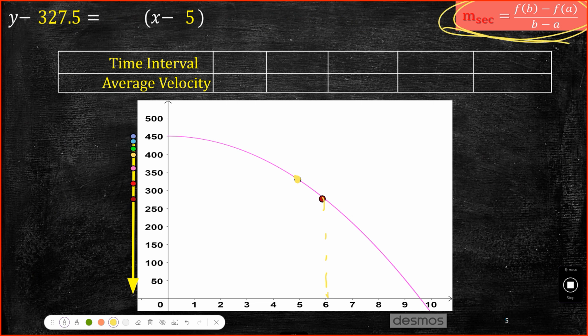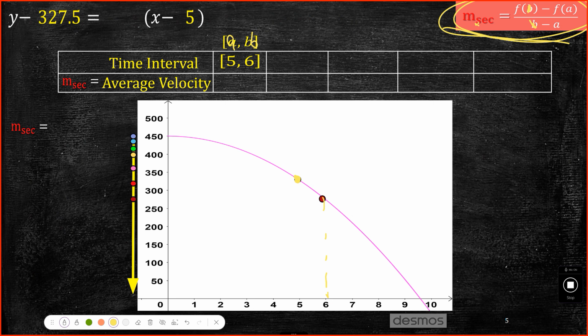A will always be 5, and B is the one that's going to be closer and closer to it. So let's do A is 5 and B is 6. We're just using this m secant and doing exactly what we did in that previous problem.